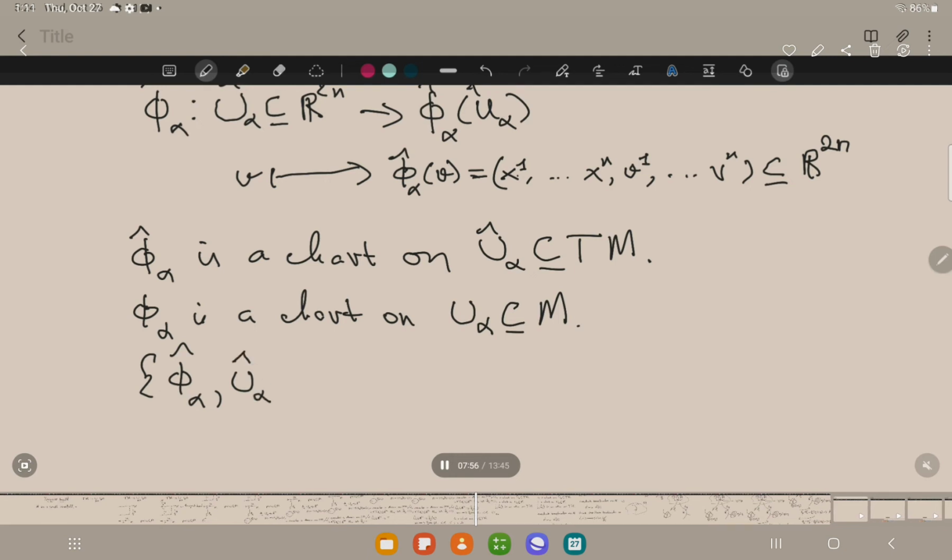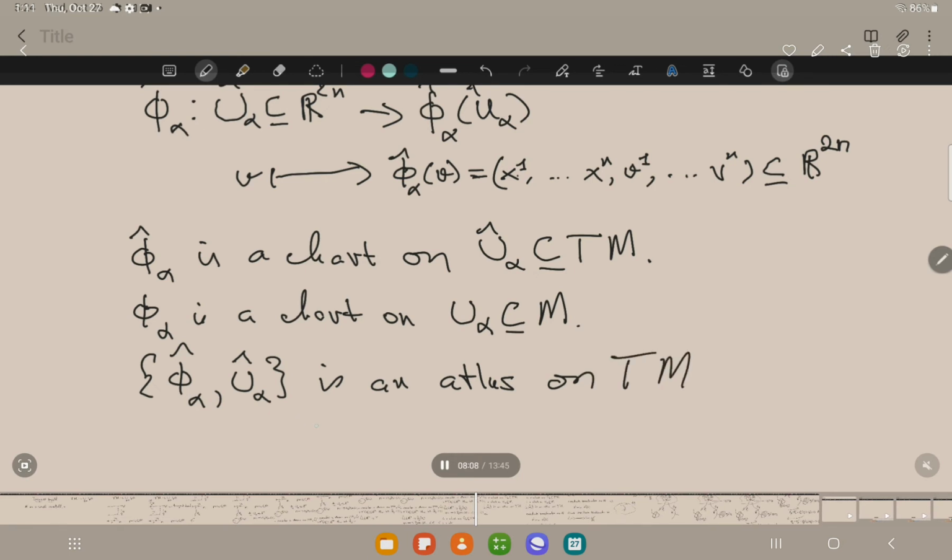Together with the domain, for a given alpha, we call this an atlas for the tangent bundle TM.